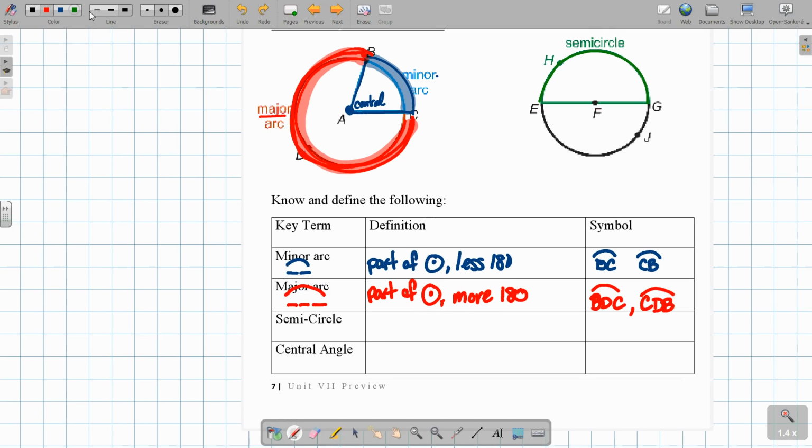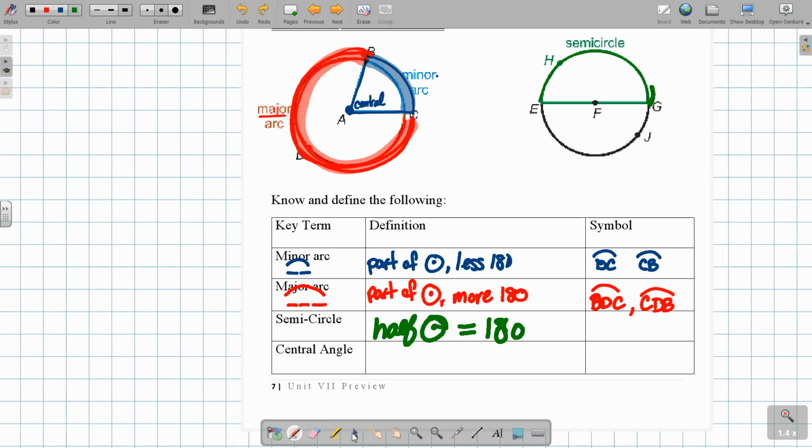Semicircle is exactly 180. It's half of a circle. Of course, that equals 180. We use 3 letters for semicircles as well.